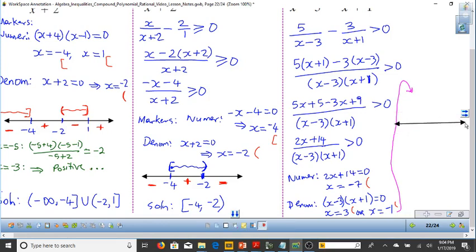So I beg your pardon, but let's keep going. So the numbers in question are -7, which is on the far left, -1 is the next number on the line, and +3.